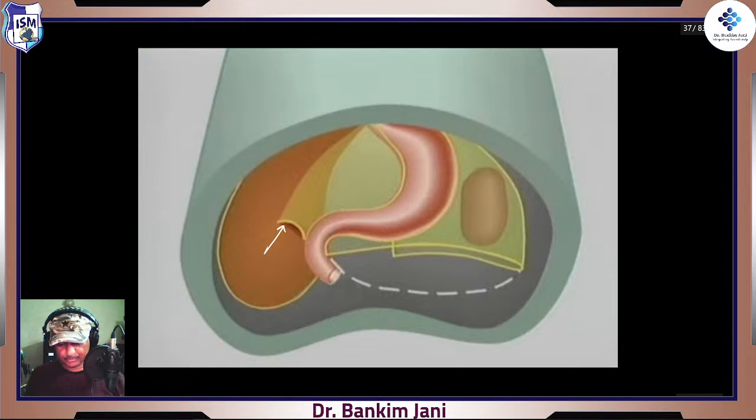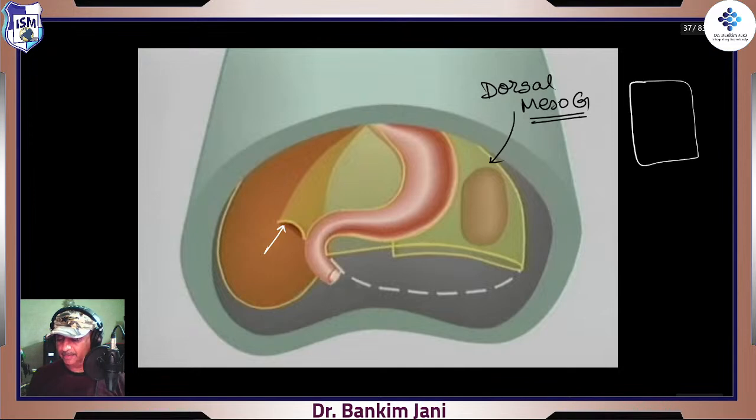So there won't be such a free margin in the case of dorsal mesogastrium, because this is dorsal mesogastrium, and it folds upon itself, right? It is like a chadar, and sometimes when we feel so much cold, we just fold the chadar into double. Same thing. This folds upon itself.